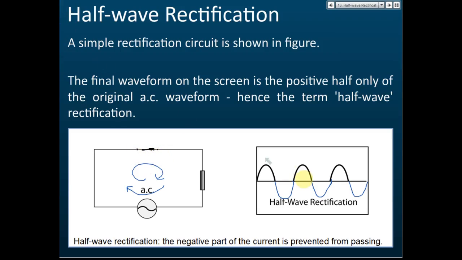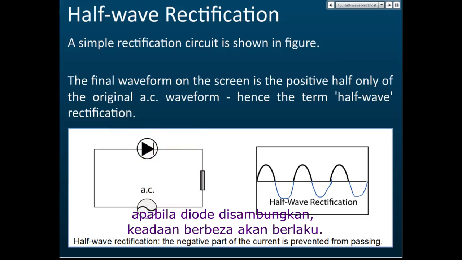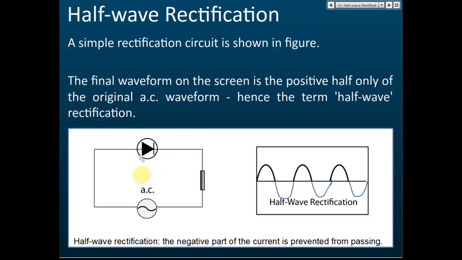If there is no diode, it goes clockwise, anti-clockwise, clockwise, anti-clockwise. But if we connect a diode here, what will happen? Now if there's a diode here, it moves clockwise. Is clockwise forward bias or reverse bias? Forward bias.